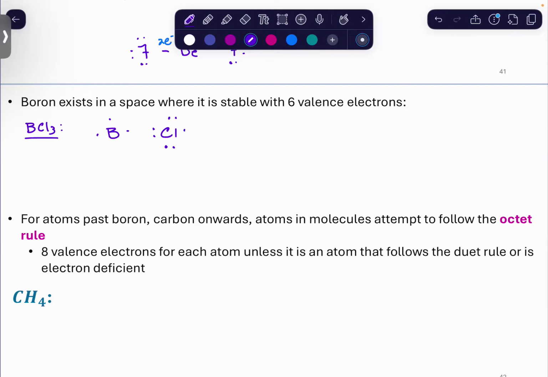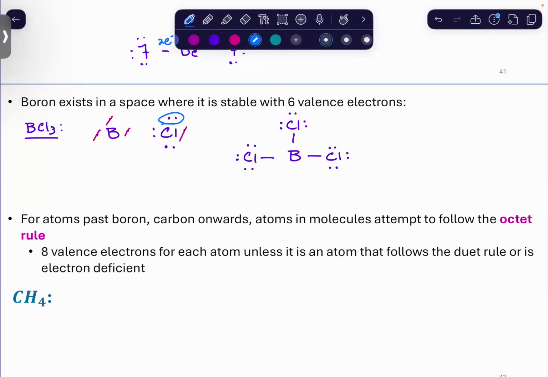Okay, so I'm going to put my boron in the middle. I'm going to bond 3 chlorines. And so I see that boron uses all 3 of its bonding locations. Each chlorine uses its 1 bonding location. And then I have lone pairs that I now have to replace on the chlorine atoms.